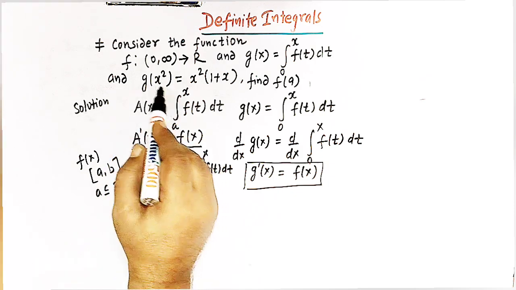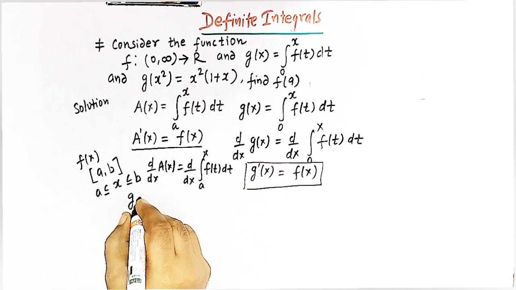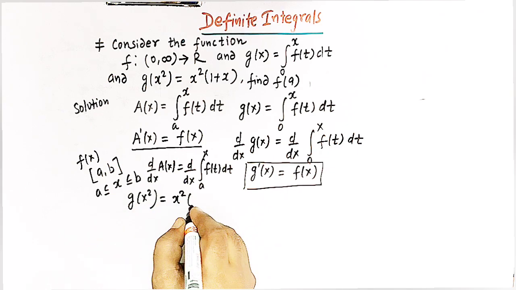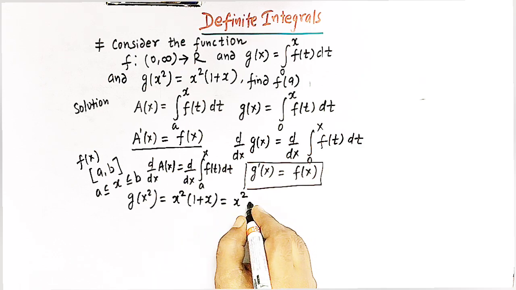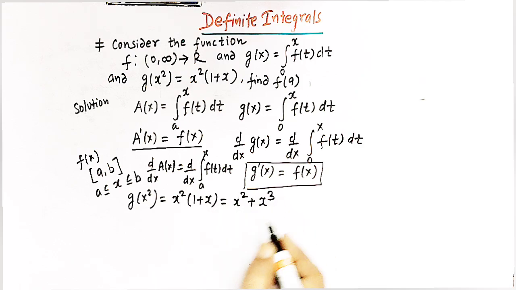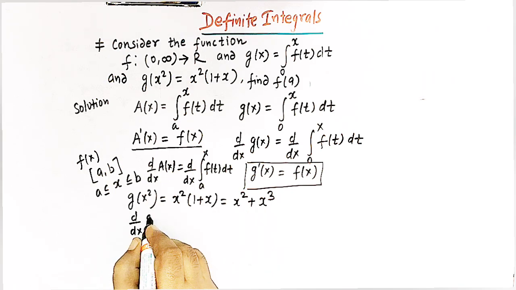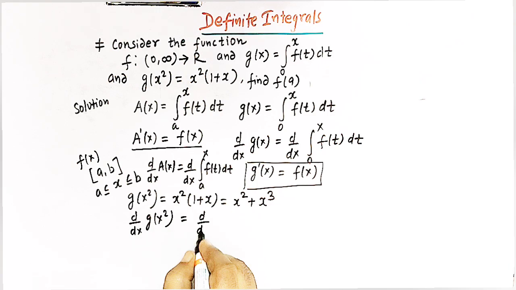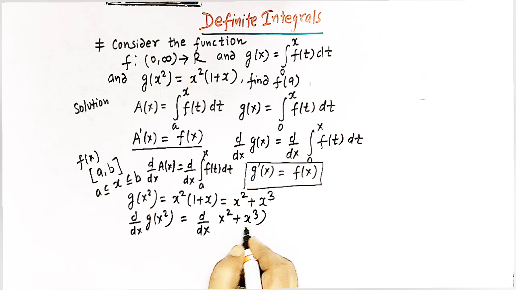Now let us consider the equation g of x square is equal to x square times 1 plus x, which can be written as x square plus x cube. Differentiating both sides with respect to x, we have d by dx of g of x square and d by dx of x square plus x cube.